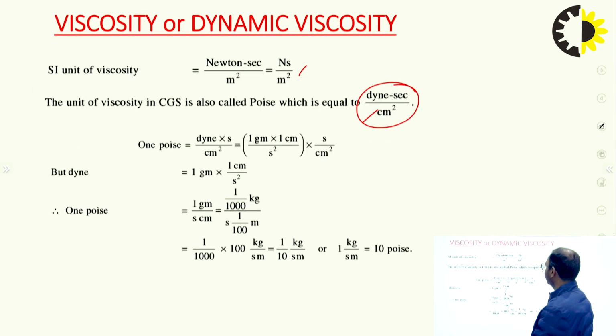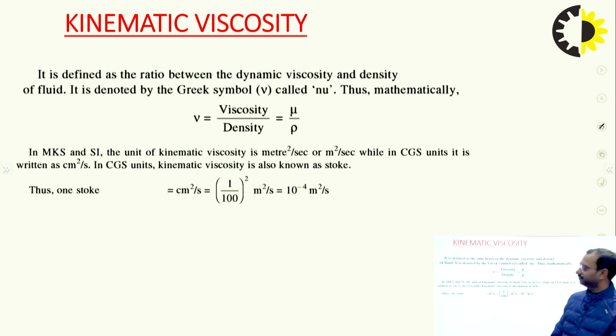In other words, 1 Newton second per meter square is equal to 10 poise.